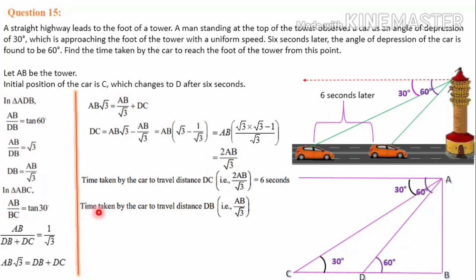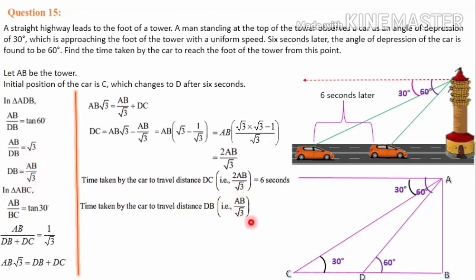We are asked to calculate the time taken by the car to travel the distance DB. How much time does the car take to cover this distance DB? That is the question. The distance DB we calculated is AB by root 3.